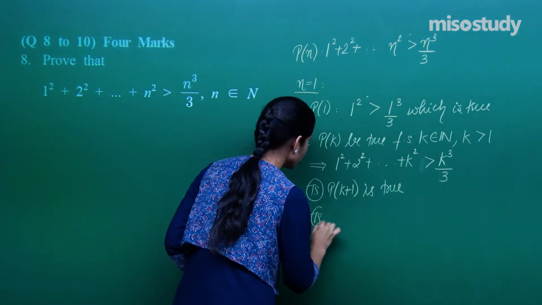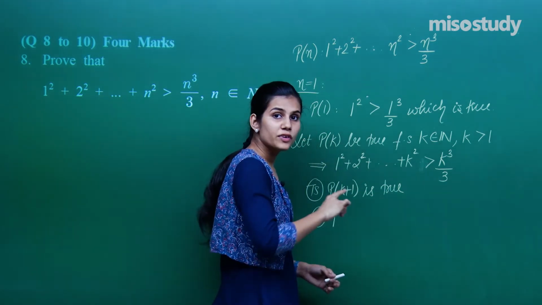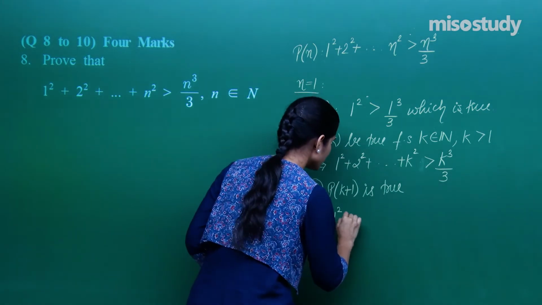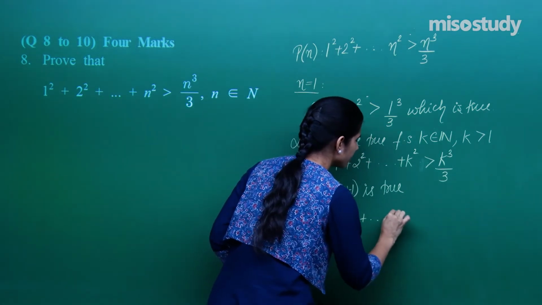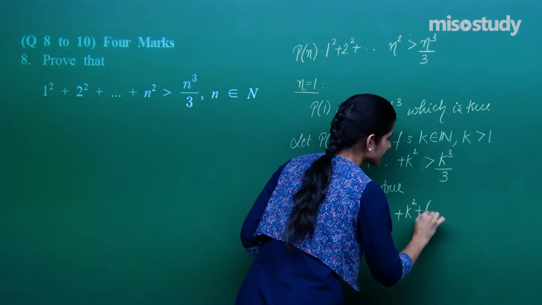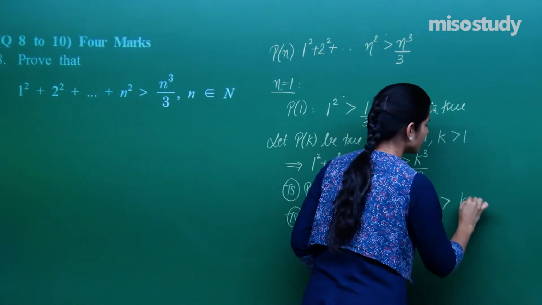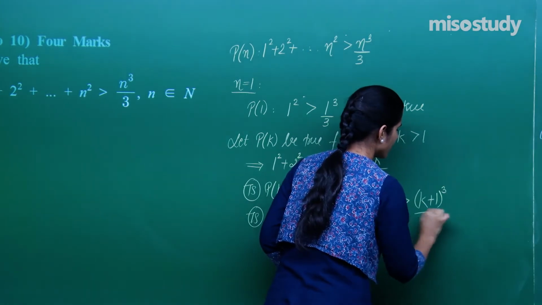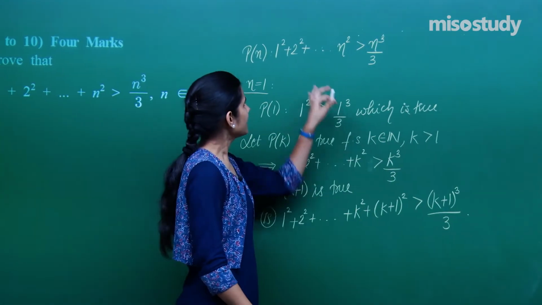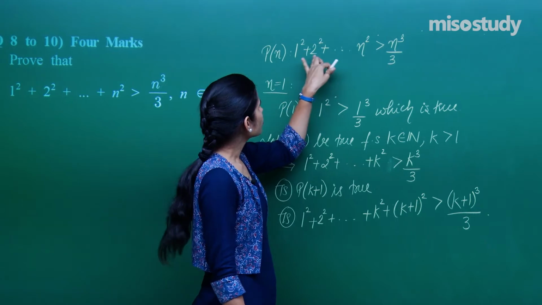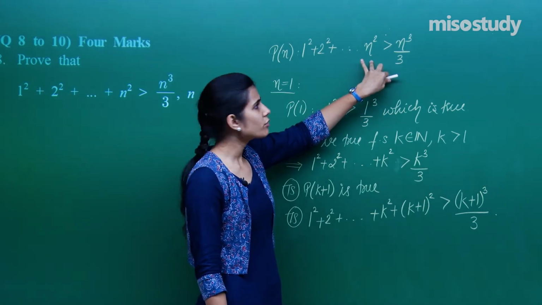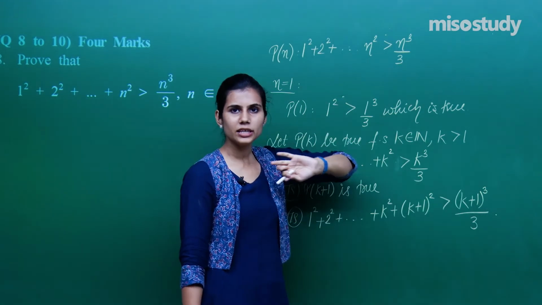That means I have to show the sum of squares of first k+1 natural numbers, 1 square plus 2 square plus k square plus (k+1) whole square, is greater than (k+1) cube by 3. That is my Pk+1.